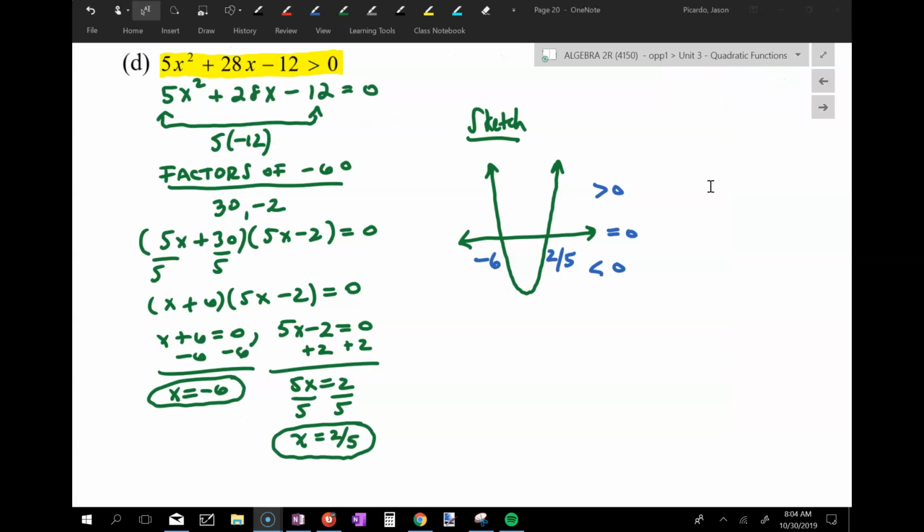I'm going to show you what I got. Hardest part of that one's going to be getting your roots, right? You got to use your AC method.